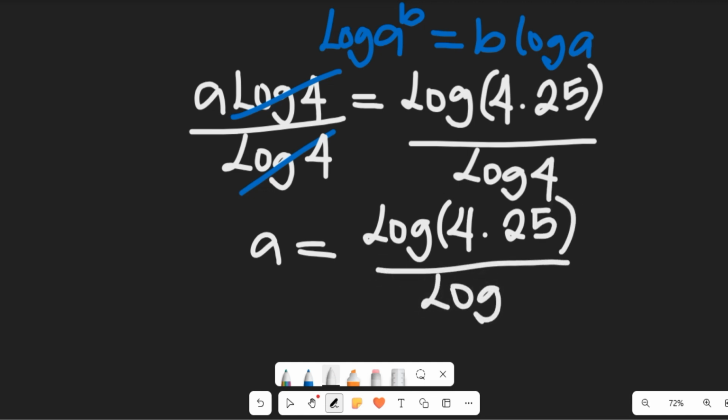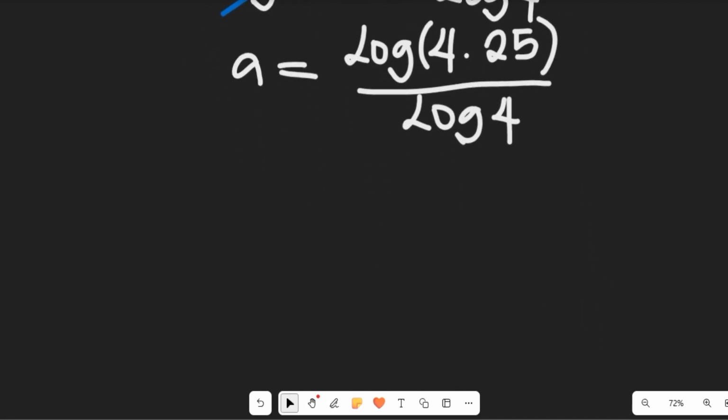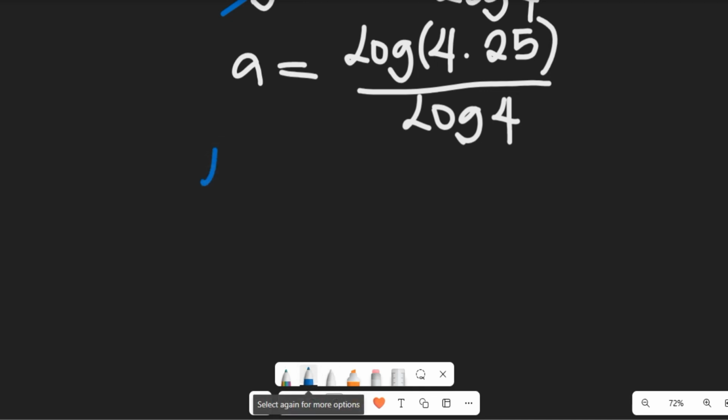Now, how do I simplify the right-hand side? Let's check out. In the next step, we're going to see how we simplify the right-hand side. Now, to do that, I want you to recall a law of logarithm that the log of A multiplied by B will give us the log of A plus the log of B, right?